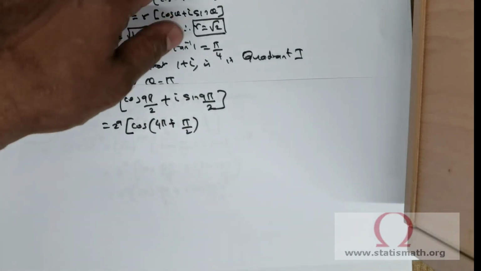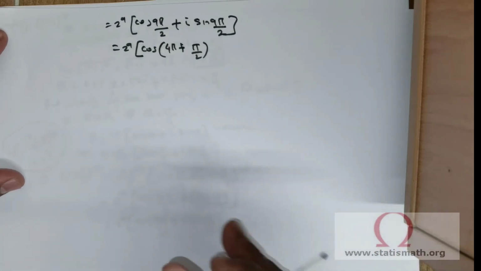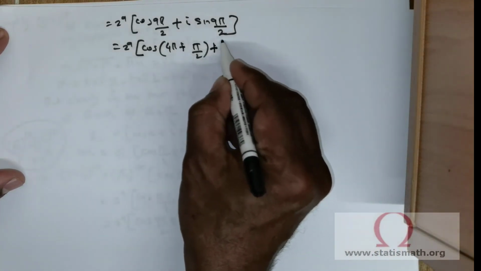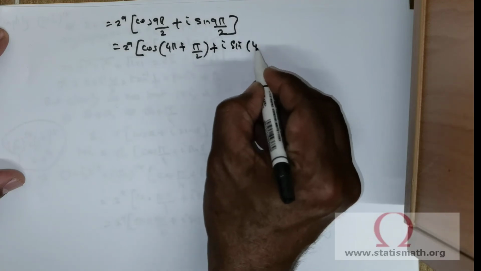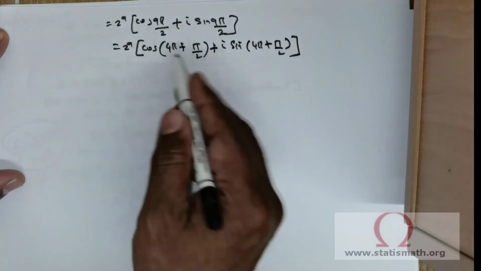That is why it allows me to easily simplify the result. So + i times sine of, similarly, (4 pi + pi over 2). So this is what I get.